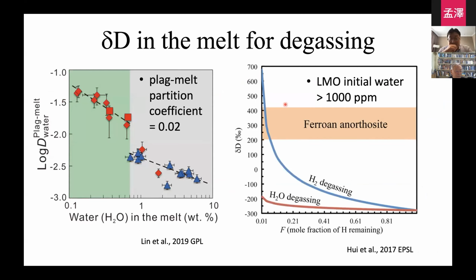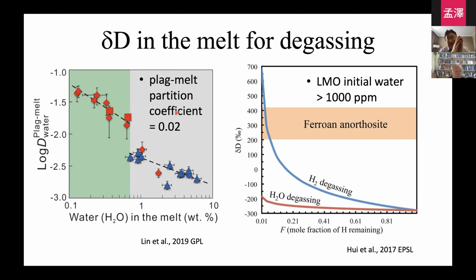So based on the degassing of the lunar magma ocean, we can then calculate the initial water content in the lunar magma ocean using the water content in the ferroan anorthositic plagioclase, and also the water partition coefficient between plagioclase and the melt.